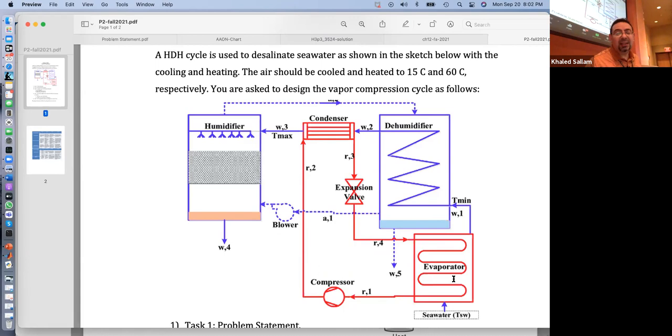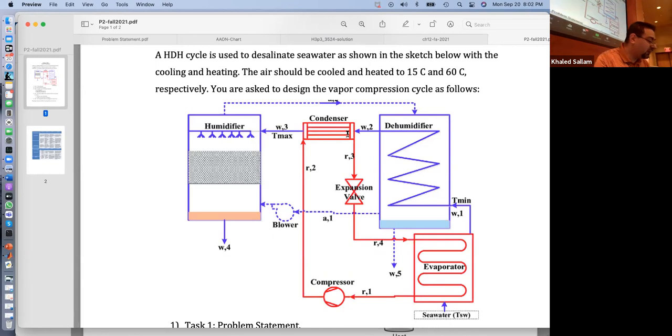So then what is the temperature of the refrigerant? If you want the water to be cooled to 10, then that refrigerant needs to be 5. So let's make this 5. And if this air is going to be heated to 60, this temperature maybe needs to be 65, then maybe this needs to be 70.